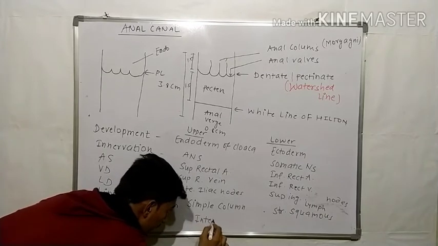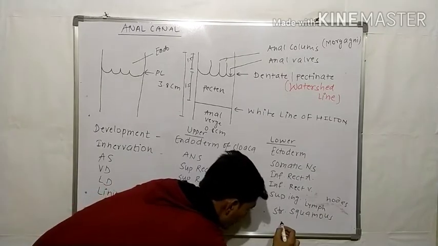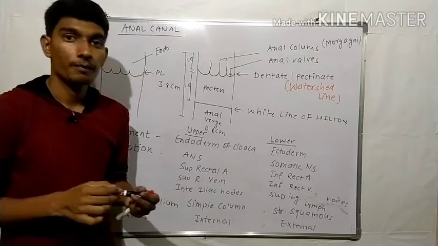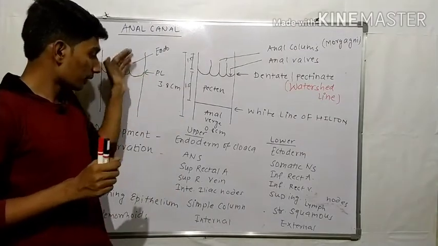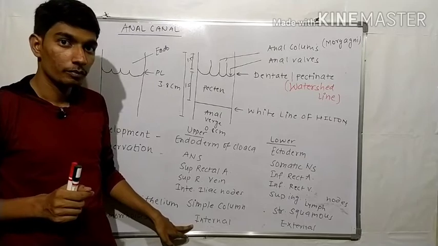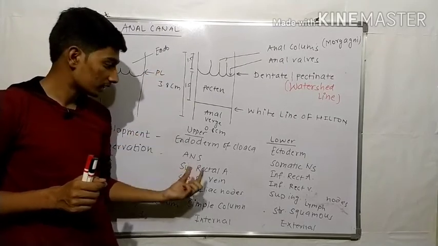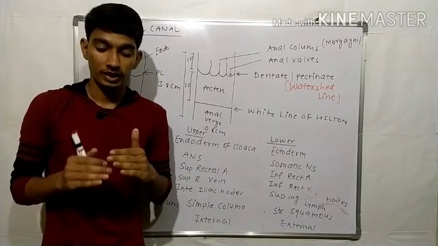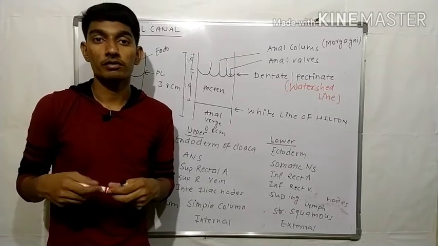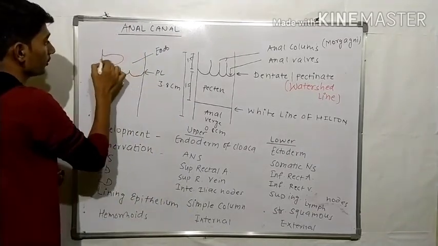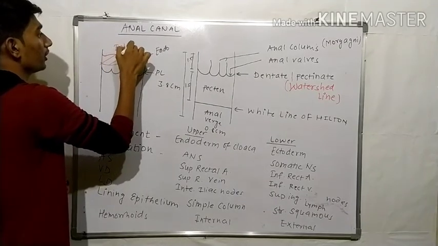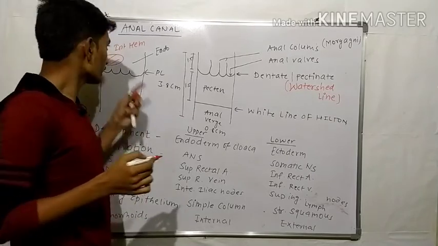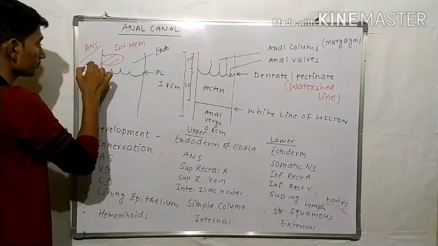Okay. And last is hemorrhoids. In upper part, internal hemorrhoids are developed, and in lower part, external hemorrhoids or piles are developed. The upper part of the anal canal is supplied by autonomic nervous system, and as it is supplied by autonomic nervous system, the internal hemorrhoids are painless.